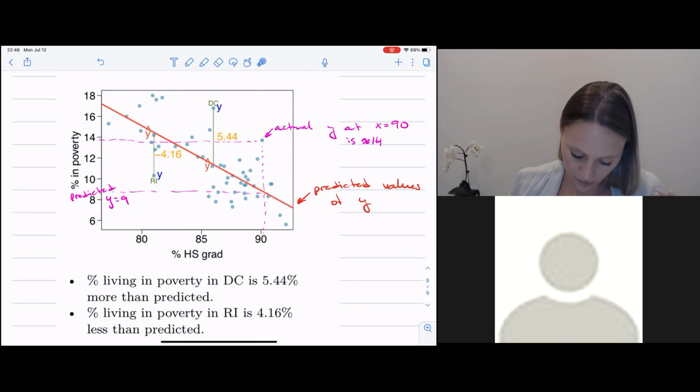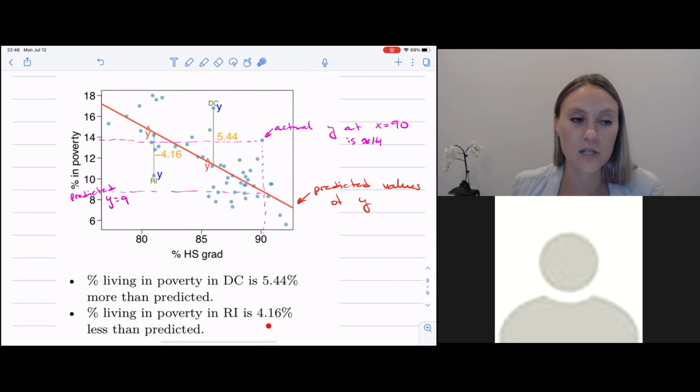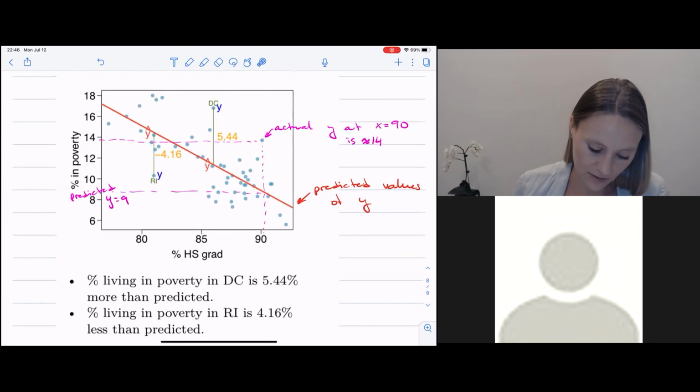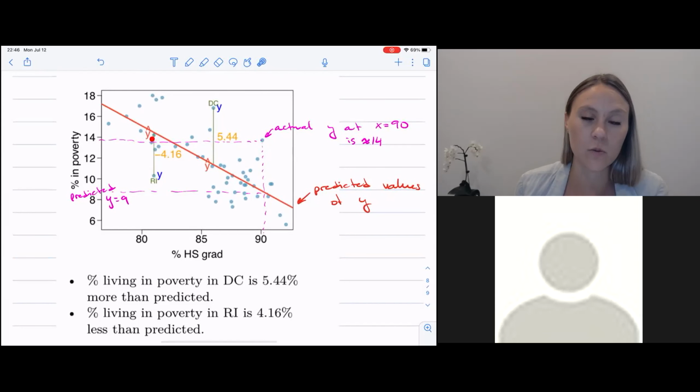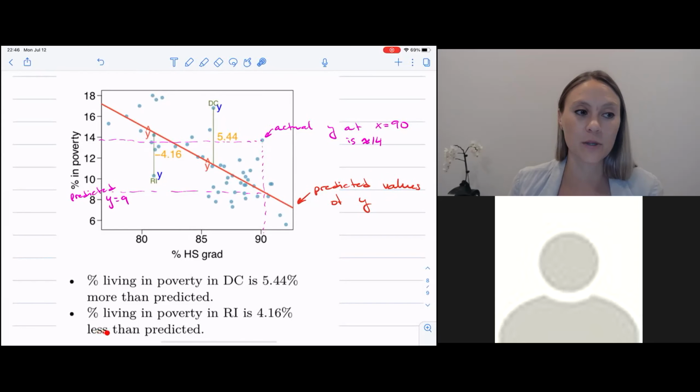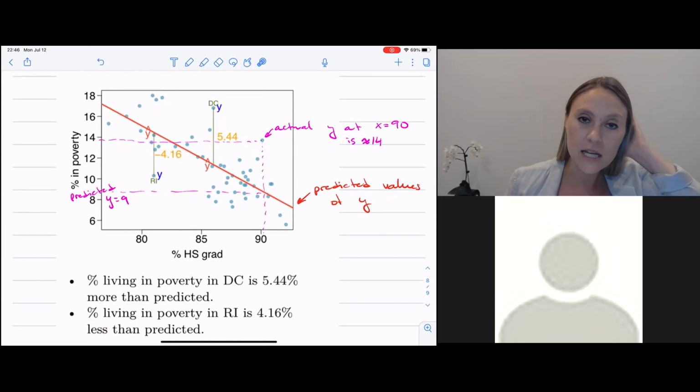And so we're given that the residual is 4.16, but it would be negative, because the actual minus the predicted would be negative. That means it's less than predicted. So we can talk about over predicting, under predicting, right?